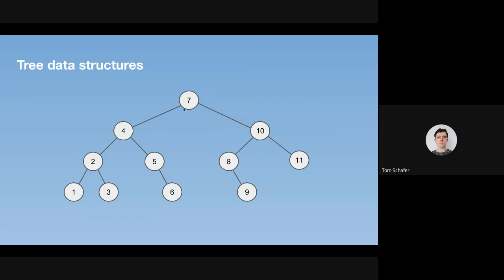Here we've got the numbers from 1 to 11, which in Python you might draw as a list of range 1 to 11. A tree is just a different way of storing that data, where you've got nodes containing the data, and then children from each node. I'll give some formal definitions, and then come back to discuss why it's useful.